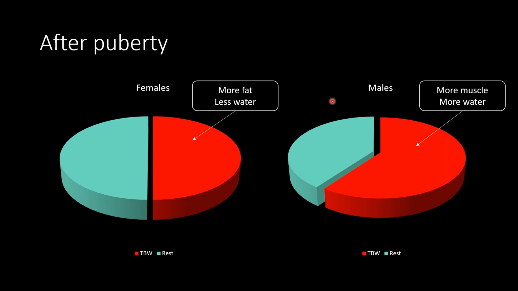Muscle is rich in water, so the gender which has higher muscle will have higher body water, and fat is low in water, so the gender which has more fat will have less water. That's why males, with more muscle mass and less body fat, have more body water, and females, with less muscle mass and more body fat, have less water.